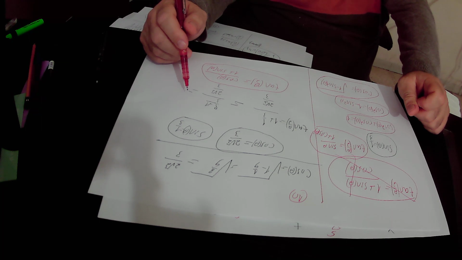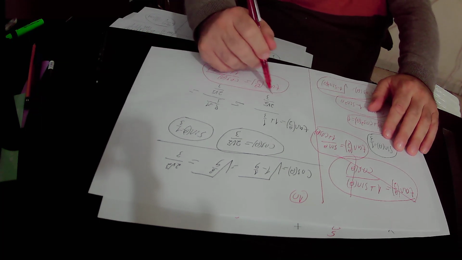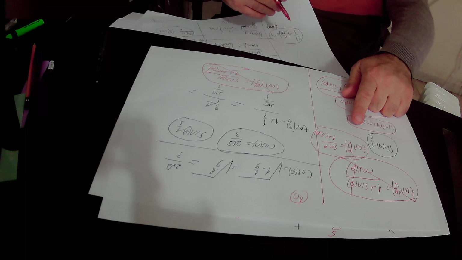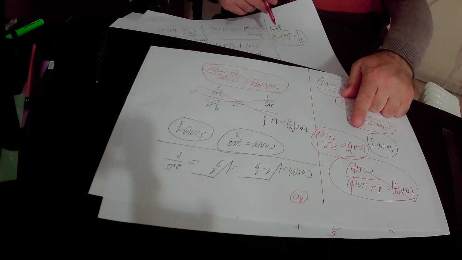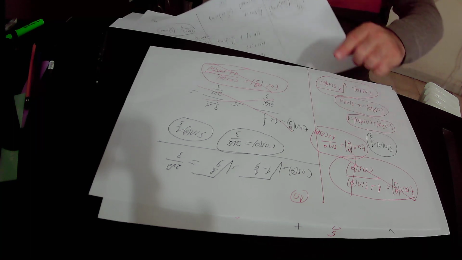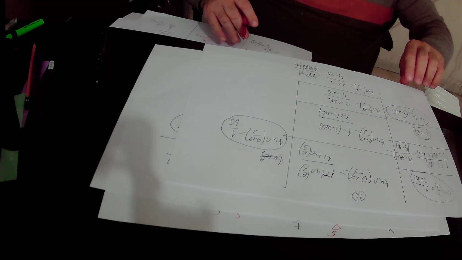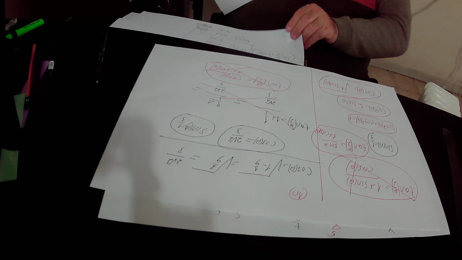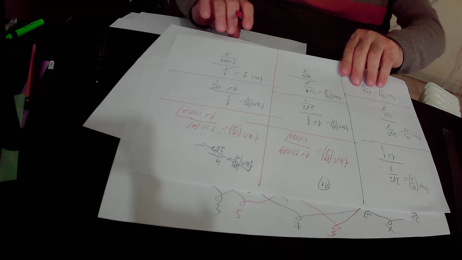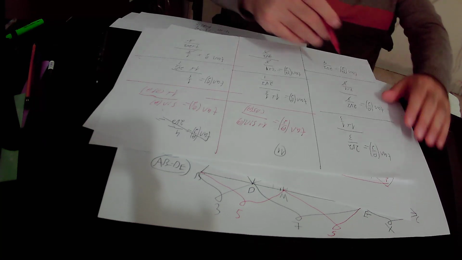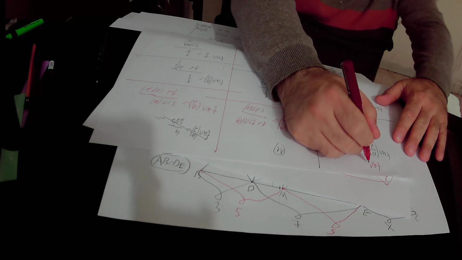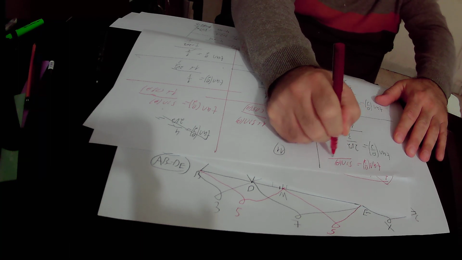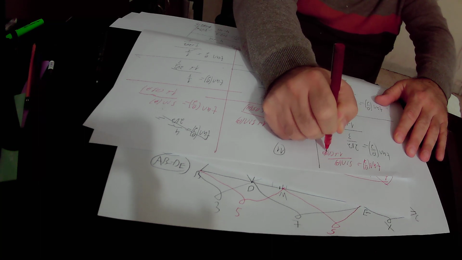So according to the trigonometric identity, tangent theta over 2 equals sine theta over 1 plus cosine theta. Okay?